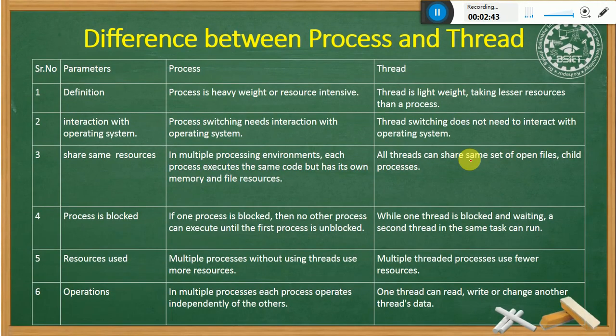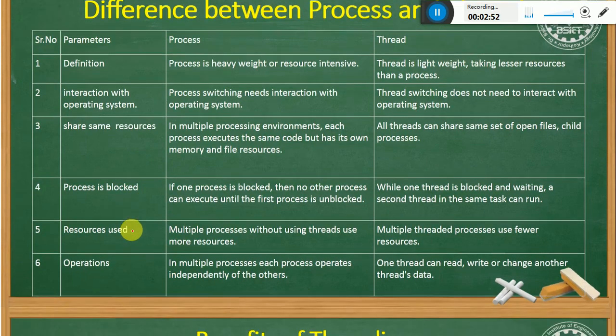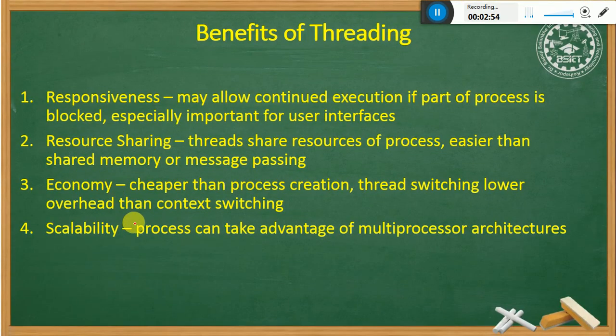Then the difference between thread and process, we have already studied, with its parameters: definition, interaction, sharing, blocking, resource and operations. The basic 4 benefits of threading are responsiveness, resource sharing, economy and scalability. You can explain them in proper wordings. We have discussed these benefits in previous video lectures.